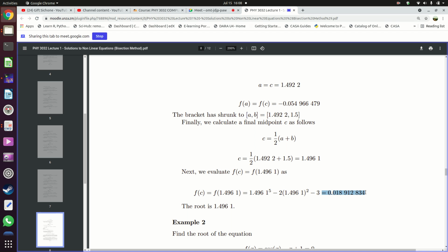So I'll tell you, work out the first 3 midpoints or the first 4 midpoints, and then give me an answer. Or I'll tell you that the first midpoint is this, the second midpoint is this value, the third midpoint is this value, the fourth midpoint is this value, like that. Are we clear? Yes, it's clear.